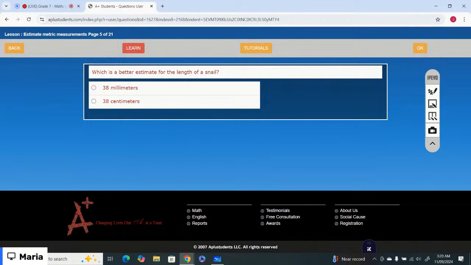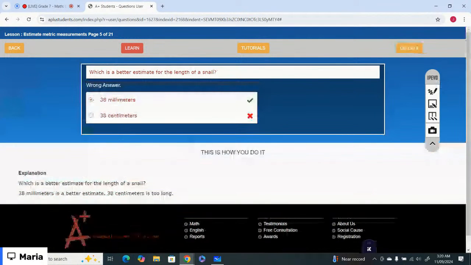The correct option is snail. That would be 38 centimeters because 38 millimeters is too small. 38 millimeters, right? 38 centimeters is too long. Okay, you can complete the lesson by yourself later today.